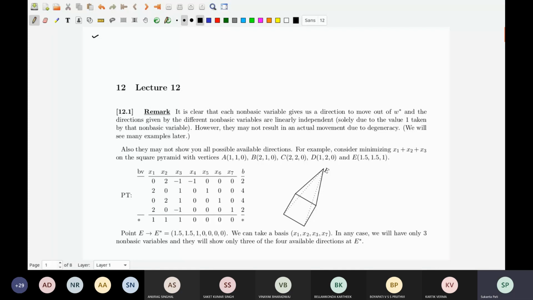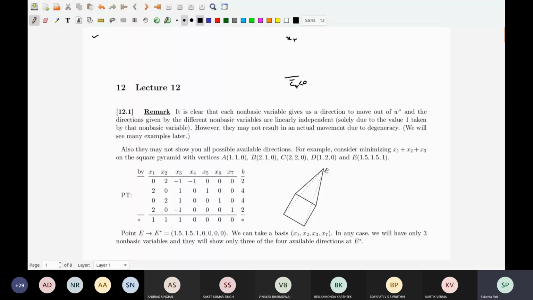Now here is a remark. Actually, there are two parts. One, suppose that you are looking at one non-basic variable XR, for which you have this C bar R entry that is negative.